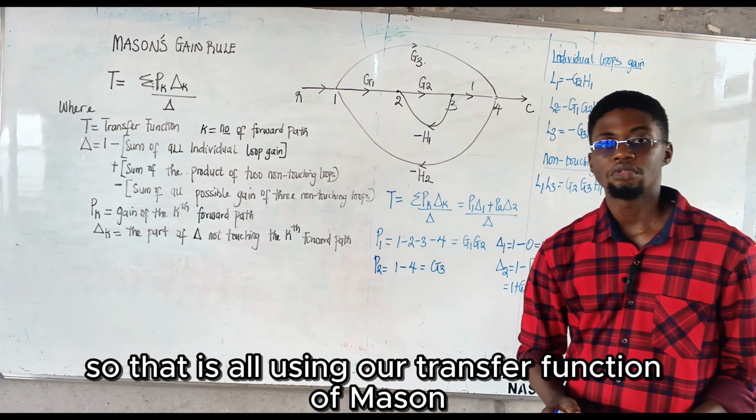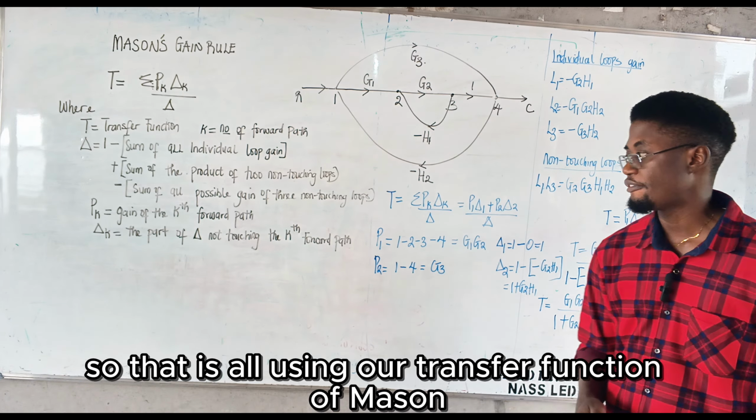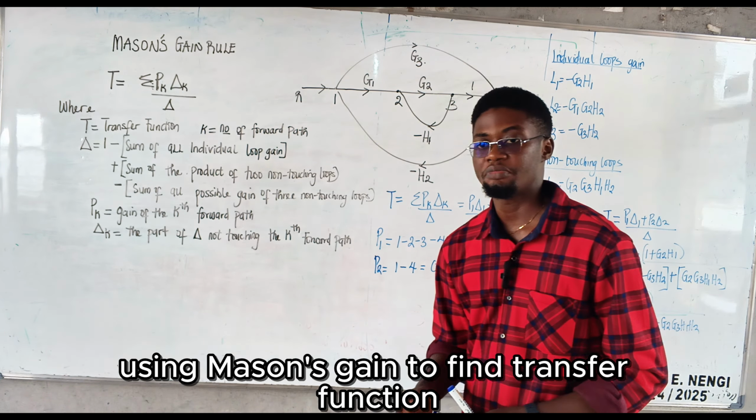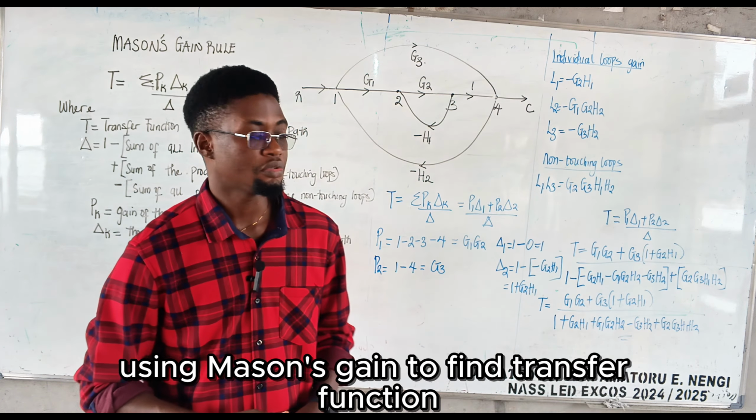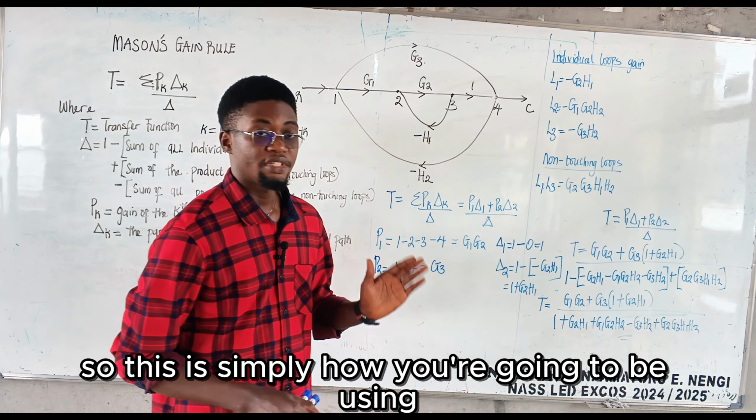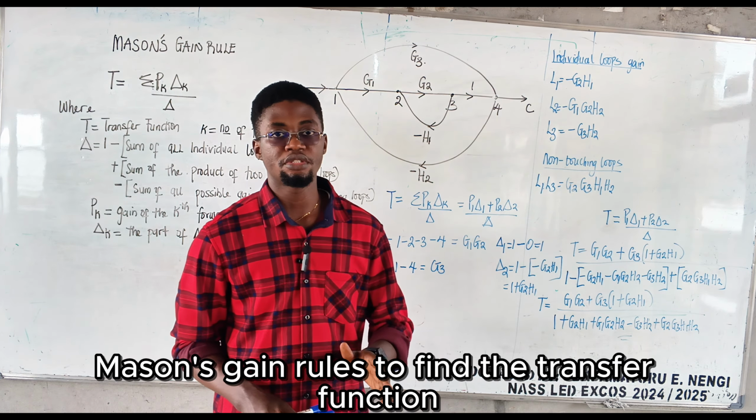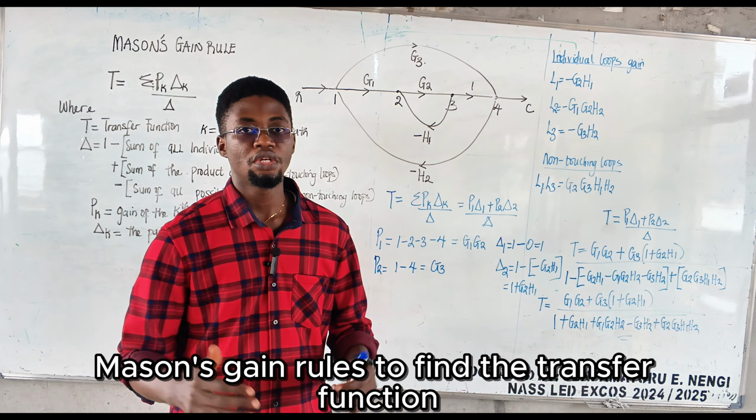So that is all, using Mason's gain formula to find the transfer function. This is simply how you're going to be using Mason's gain formula to find the transfer function.